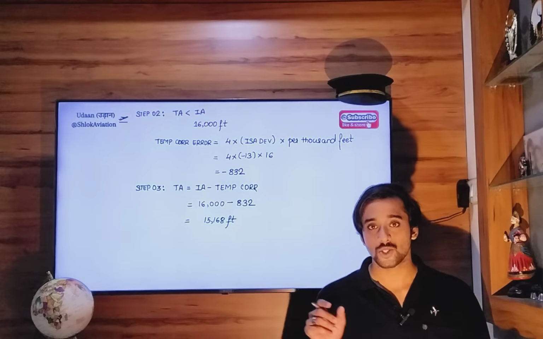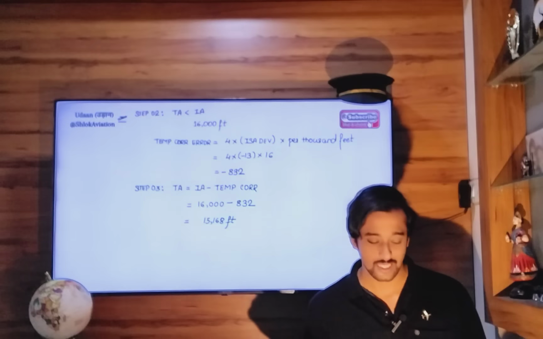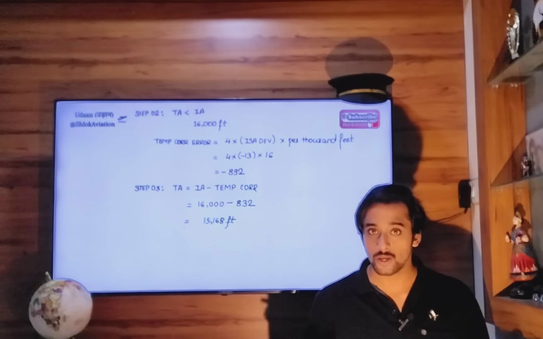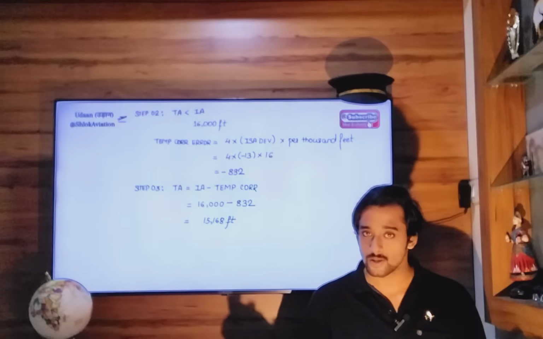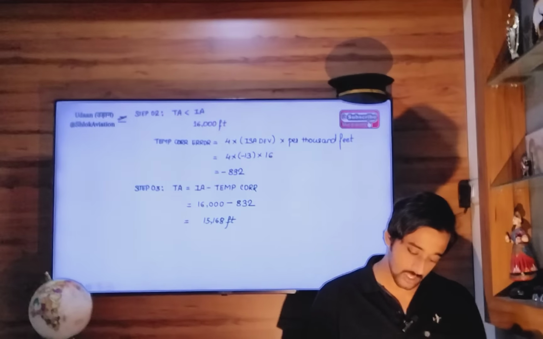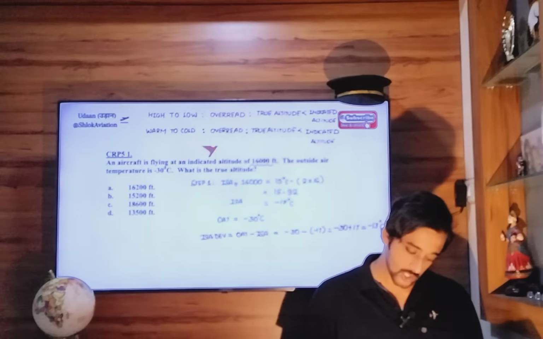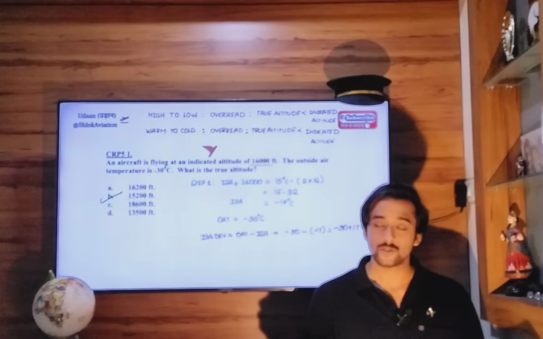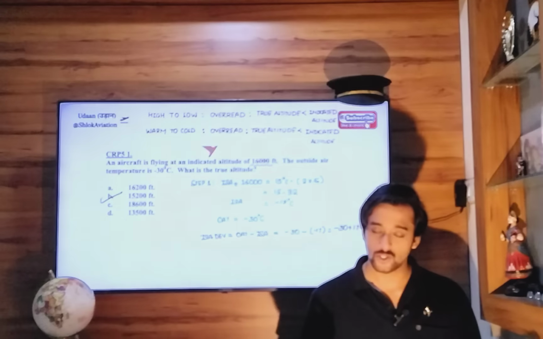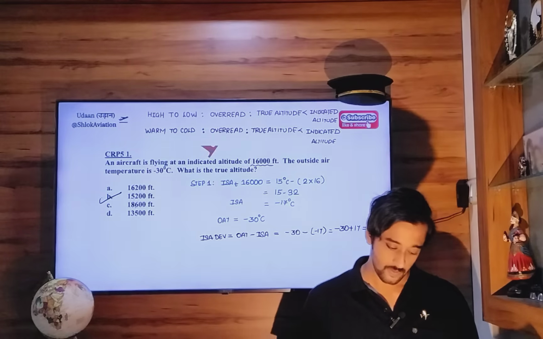So your aircraft's true altitude is 15,168, and the erroneous altitude shown to you is 16,000 feet, a difference of approximately 830 feet. So the closest option here is 16,200, 15,000, 18,000, 15,200. Option Bravo. 15,168 has been rounded off to 15,200.